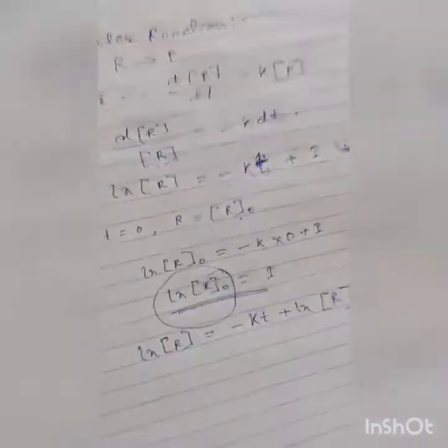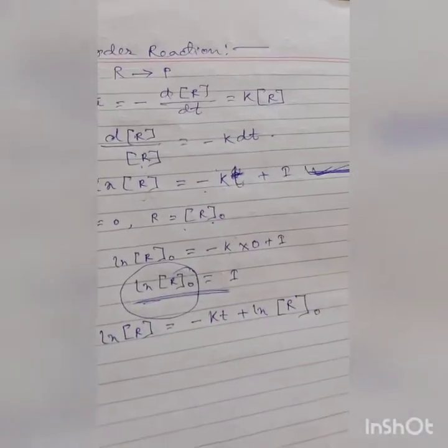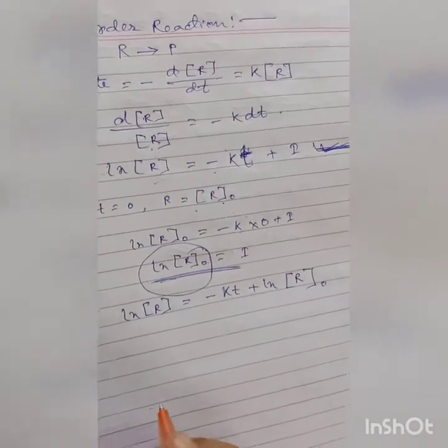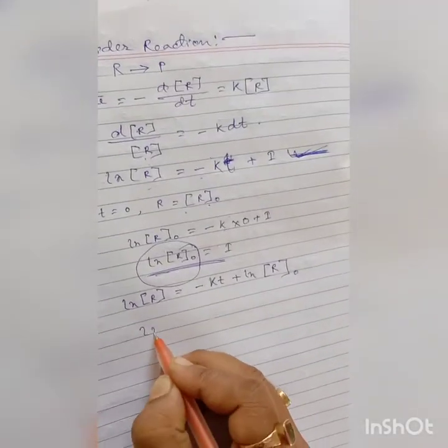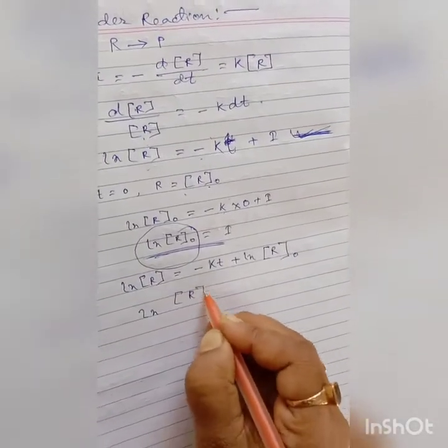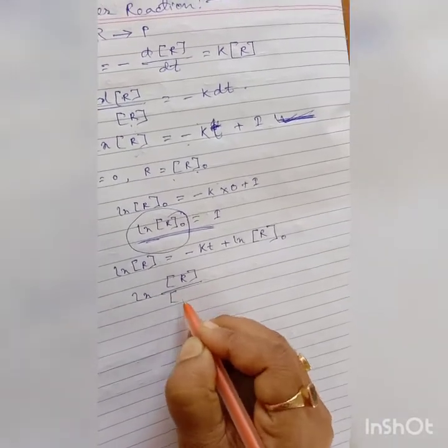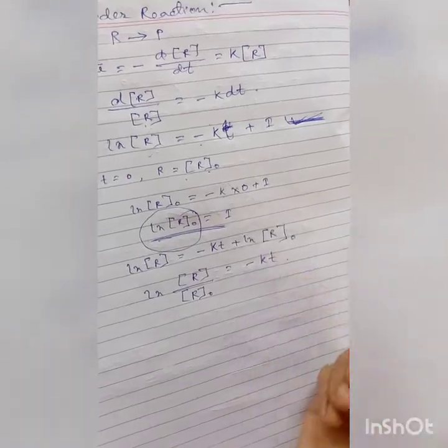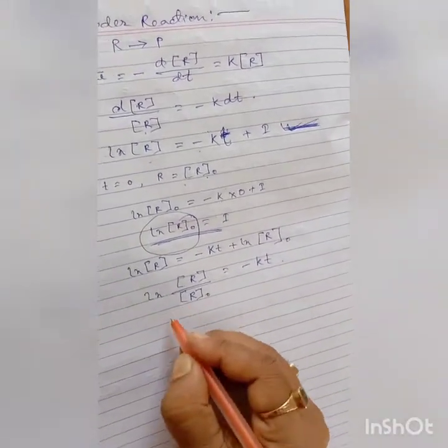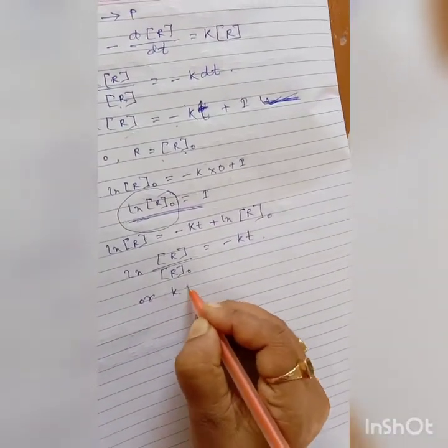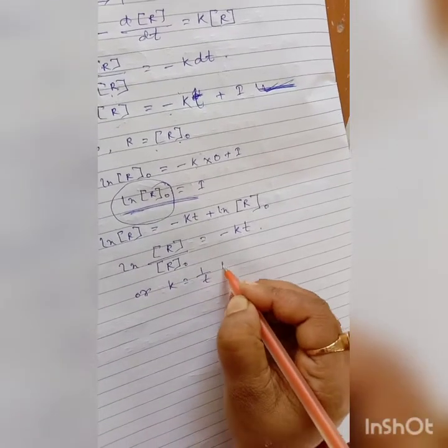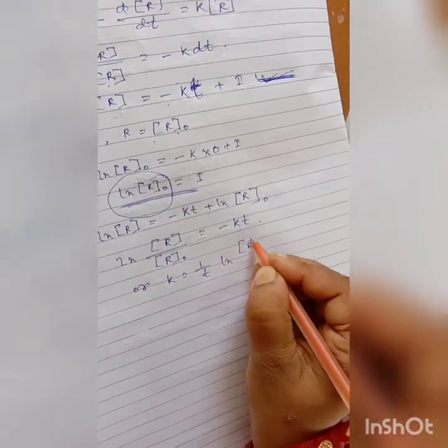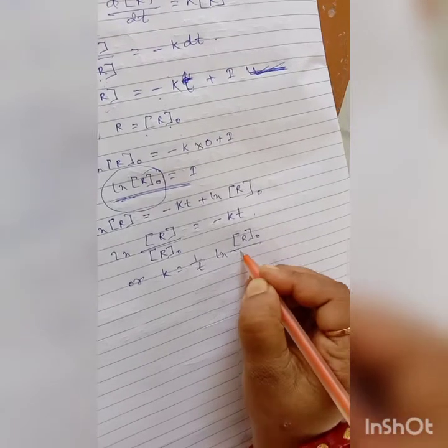Now rearranging this equation, ln R by R0 equal to minus kt, or k equal to 1 by t ln R0 by R.